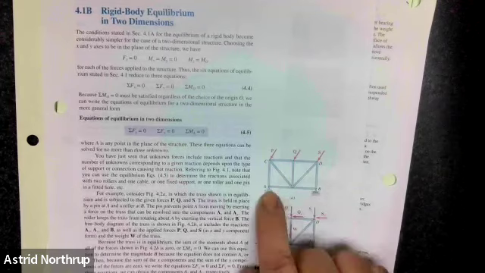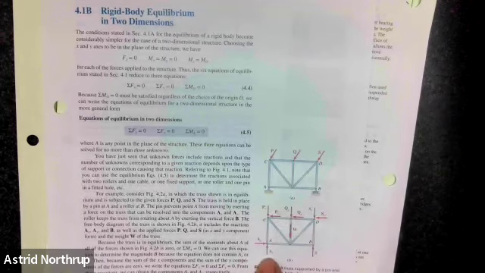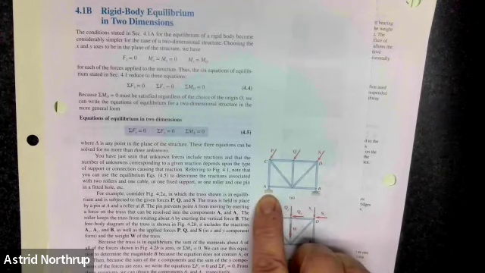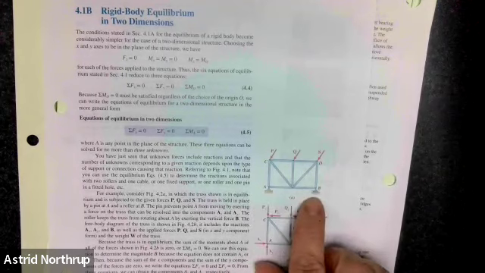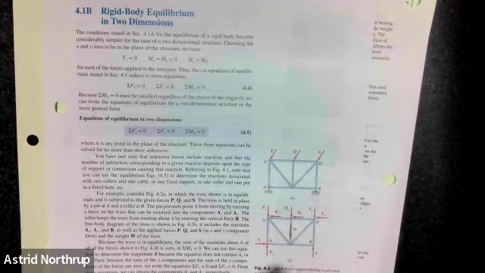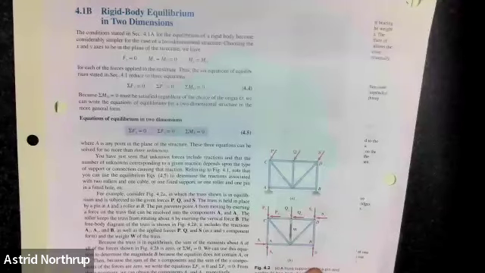But basically, if you look at the way that they write out the reactions at A and B, A, which just looks like a little triangle, is called a fixed support. B is on rollers, or it's a rolling support or a free support. So A has both X and Y components, but B just has a Y component because it doesn't anchor it in the X direction.